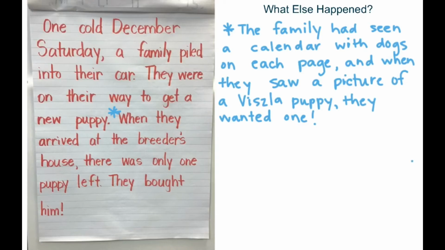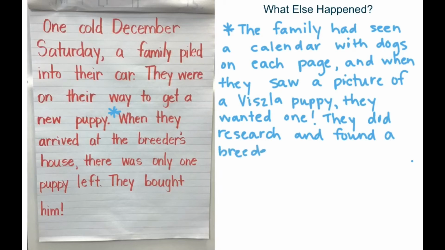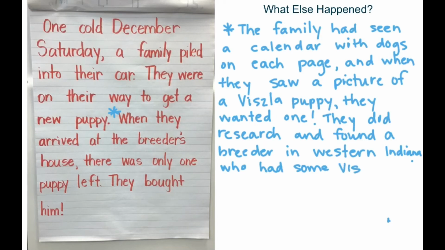So they did research and found a breeder in Western Indiana who had some Vizsla puppies.